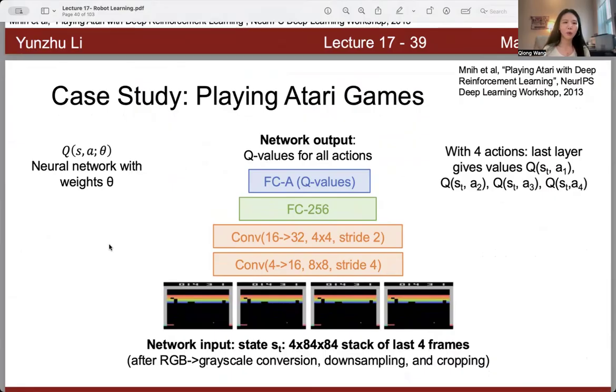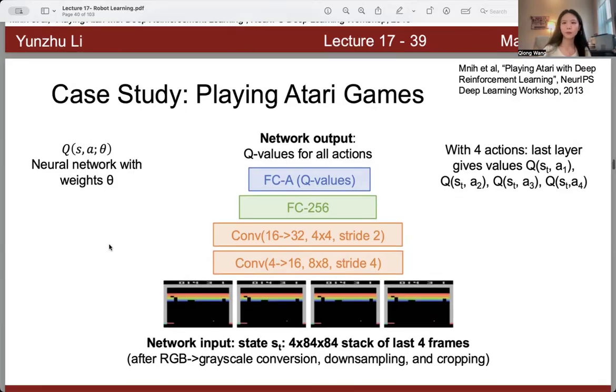This is a neural network whose input state is a 4 times 84 times 84 stack of the last 4 frames, of course after RGB to grayscale conversion, downsampling, and cropping. And we calculate the Q values for all actions. Finally, we output the 4 actions at the last layer.